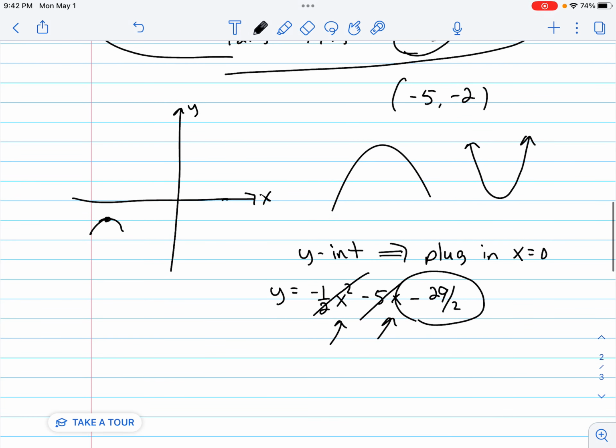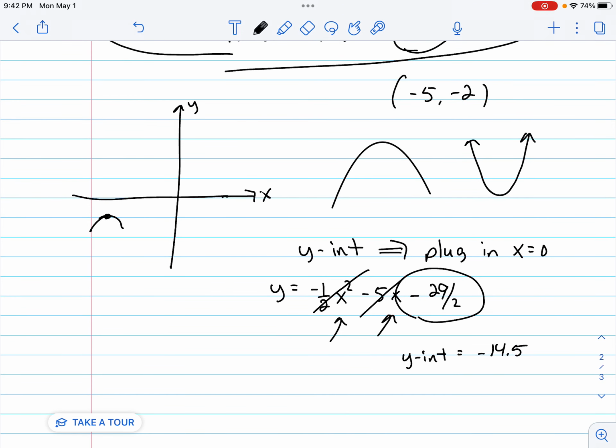Okay? So in this case, that is negative 14.5. So just kind of make an estimate of where that would be and just mark it, negative 14.5. So that means it's going to go through like that. Now, this doesn't look very neat, but it doesn't have to.